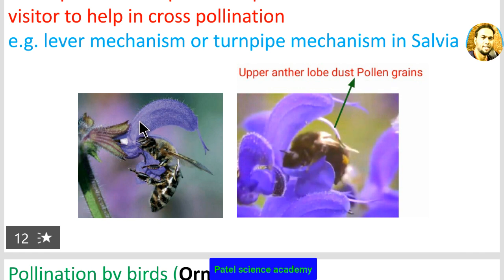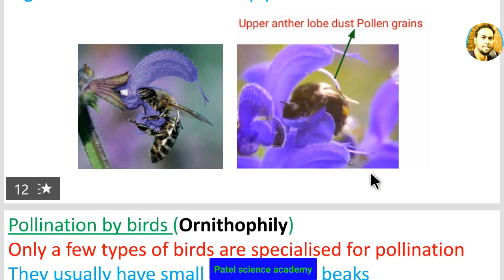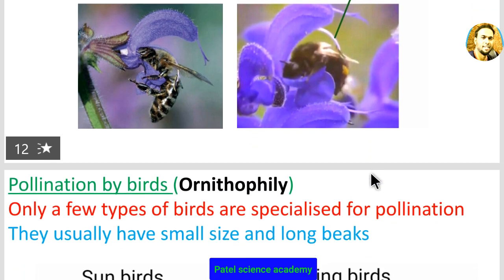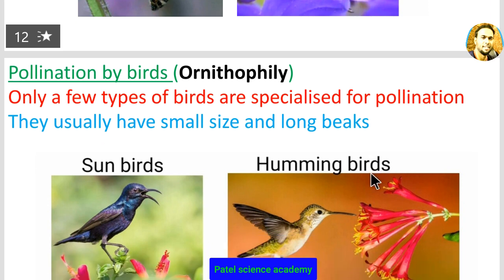So this is the arrangement of the flower for the insect to perform the process of the pollination, in which the insect arrives on the petals of the flowers, and in that flower this mechanism is called lever mechanism. So I'll explain this lever mechanism later in the next lecture.